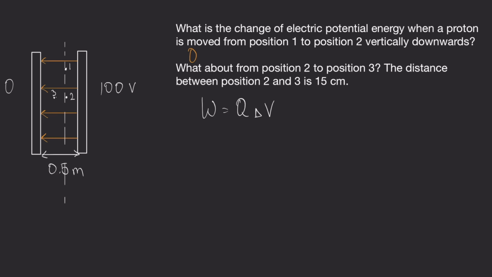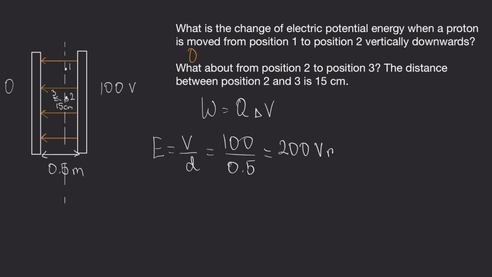And we know that this distance here is 15 centimeters. We're given the distance between the plates is 0.5 meters. So the trick with this is to find the electric field, which is equal to V over d, which is going to be 100 divided by 0.5, i.e. this here is going to be 200 volts per meter.